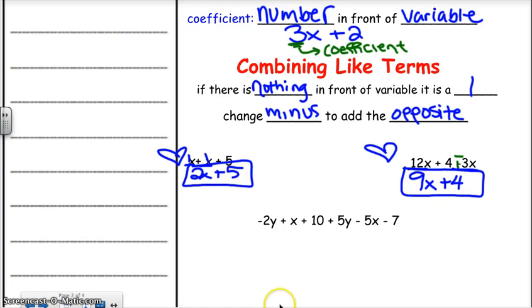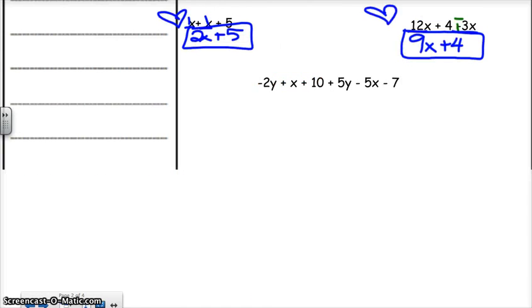Next example. I see a couple minus signs in here, so I'm going to change them into plus a negative right away. And then I just start from the left. Negative 2y plus 5y. Negative 2 plus 5 is 3y, so I'm done with those terms.